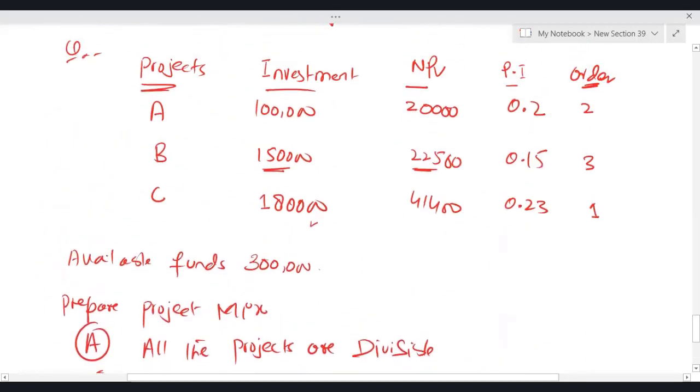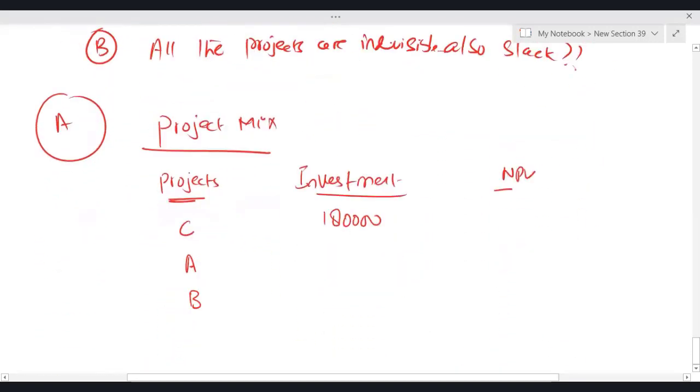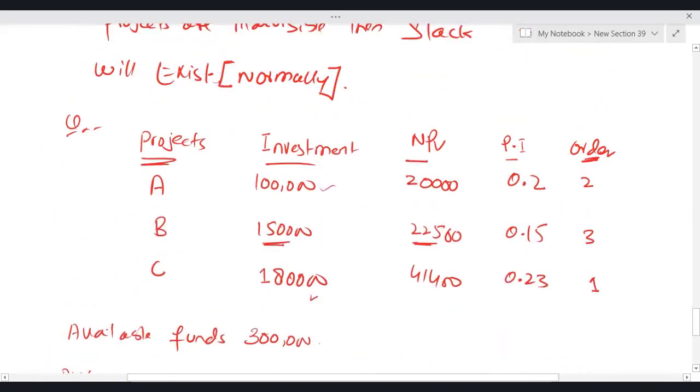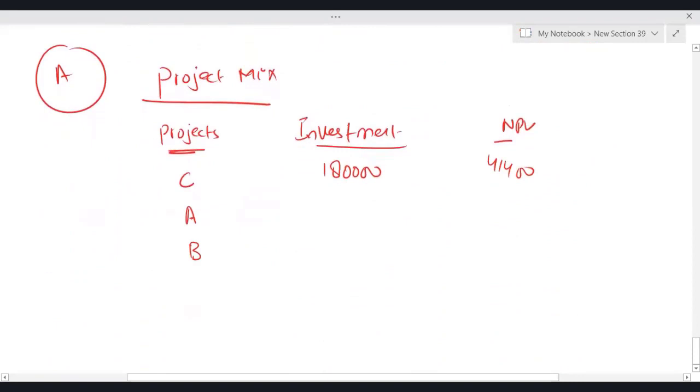It will give you the NPV of 41,400. Project A needs an investment of 1 lakh and gives you the NPV of 20,000.